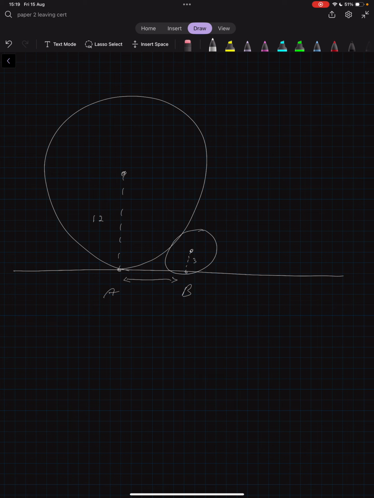Okay. Well, first things first, I can make a right angle. And I know this is 12 plus 3 because this is a radius of the big circle, this is a radius of the little circle, and therefore R plus R is 15. So you get 15 and 12, okay?